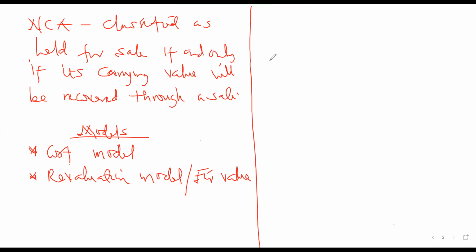After the decision has been made that we are going to sell the assets and all criteria for the classification have been met, the first thing is you ask yourself, the asset that I'm going to sell, is it carried under the cost model or the revaluation model?